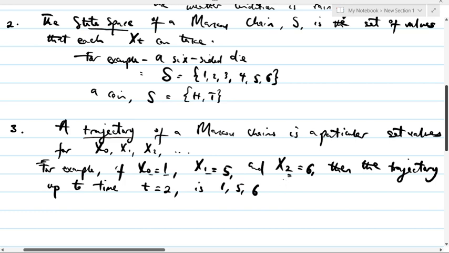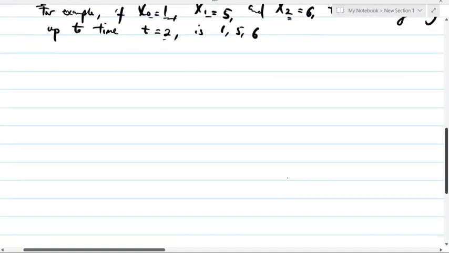So the path, in other words, that's another word for trajectory, we also call it path. So the path of the process up to time 2 is 1, 5, 6.